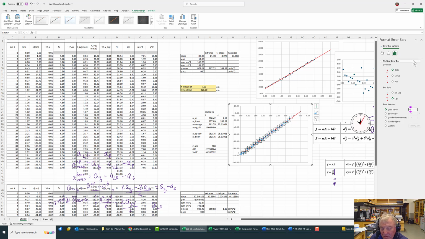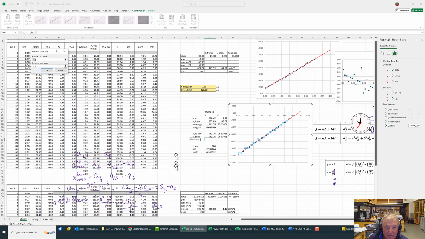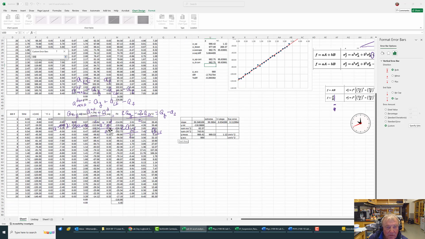Okay. And then now there's the data points, 0, and then now finally we get to something meaningful, and the Y error bars are custom, and then we go over here and we see del plus minus V average.